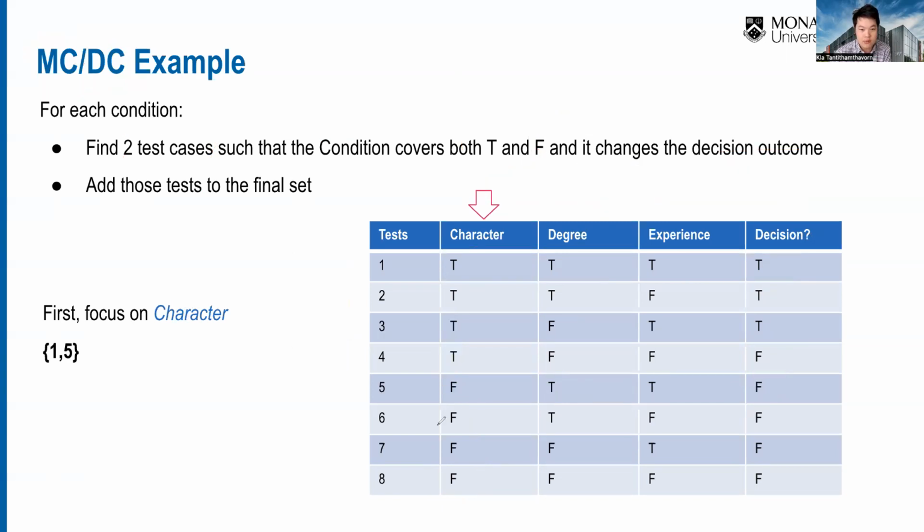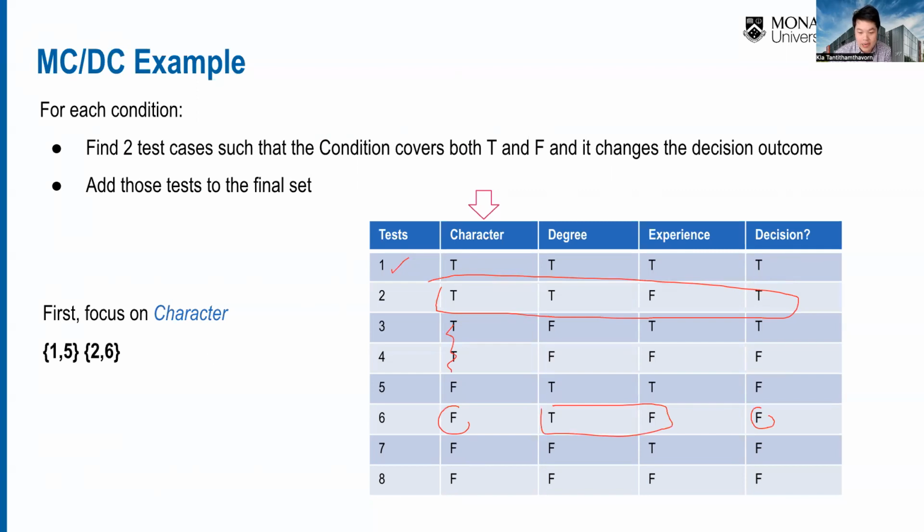We already have this one. Let's take a look at test case number 2 and find another test case such that the condition covers true and false. The others are the same, but the decision is flipped. Degree and experience should be the same. It should be this one: true and false, and the character is flipped as well, and the decision is flipped. So we will have 2 and 6 as another potential pair.